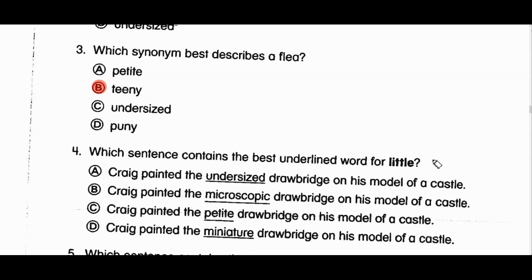Undersized? No. He painted the microscopic drawbridge. No. He painted the petite drawbridge. No. He painted the miniature drawbridge on his model of a castle. Okay. Miniature is just a smaller version of the actual thing. Okay. So D would be best.